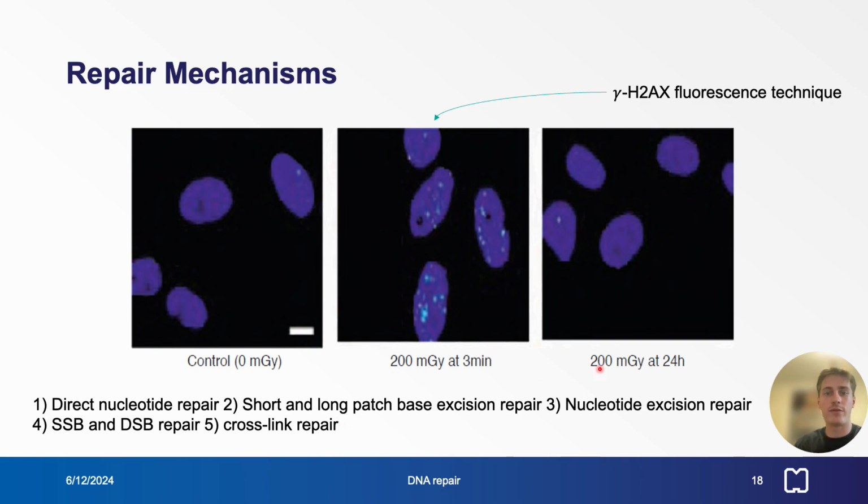What you can see here from this diagram is in fact the effect of repair. The glowing parts of the cells in the central image correspond to those double-strand breaks. And you can see that 24 hours later, almost all the damage has been repaired. This is a technique known as gamma H2AX fluorescence.